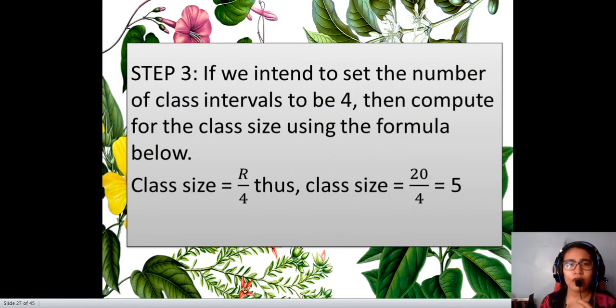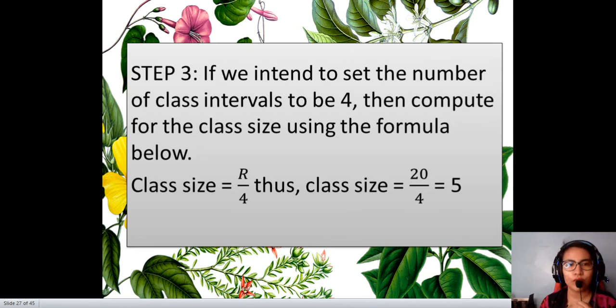Step 3: if we intend to set the number of classes to be 4, then compute the class size using the formula below.